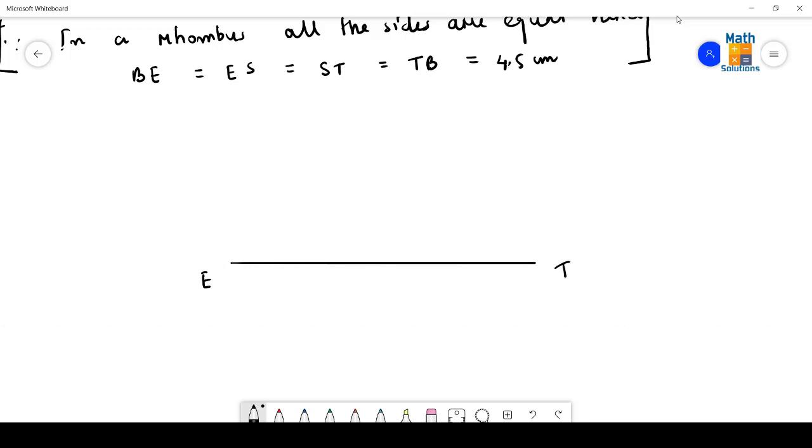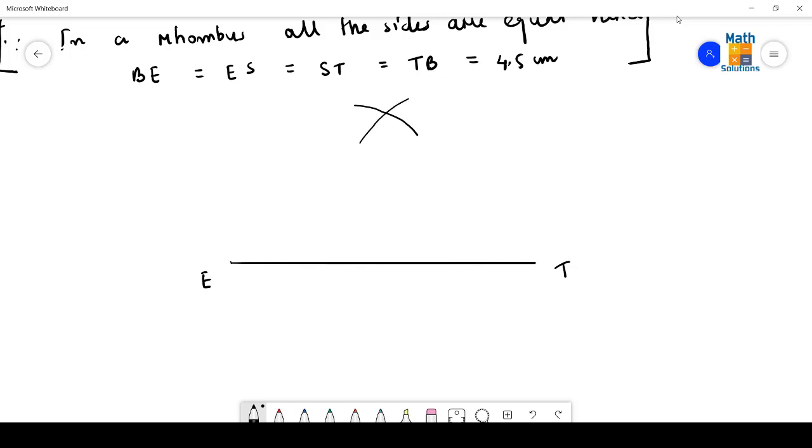So after drawing this diagonal, I have to draw here perpendicular bisector. We know that for drawing perpendicular bisector, we have to take a radius of length equal to the half of this entire length of ET or more than that, and then draw, taking E as the center, an arc here, then with the same radius, taking T as the center, another arc should be drawn here.